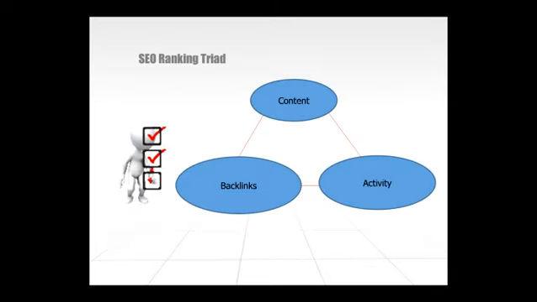So what I want to start with first is that in terms of SEO, I'm not going to go back into detailed SEO, but in terms of the last couple of algorithm updates that Google has done, as you can see here on the screen, there are 3 components that they look at. Content, which is obviously one of them, and it always has been.